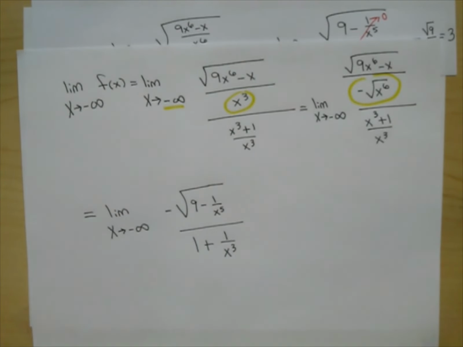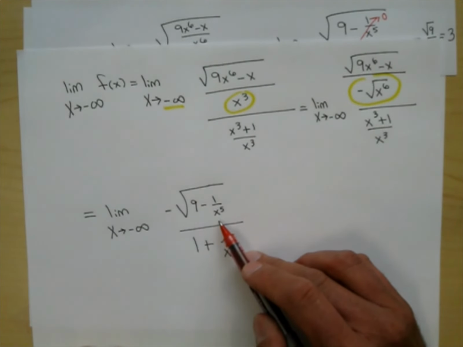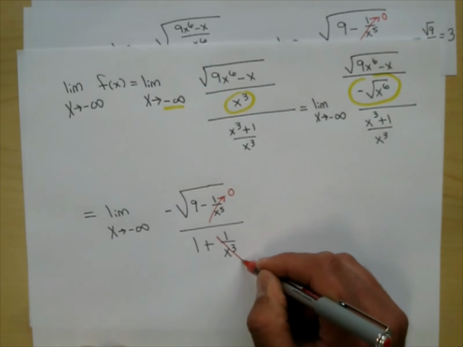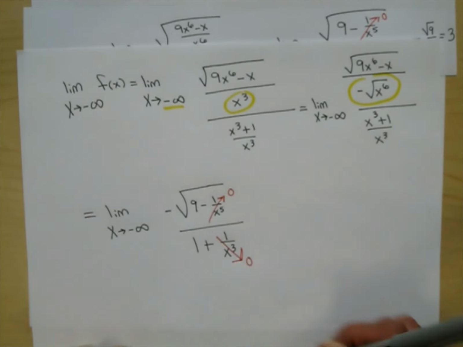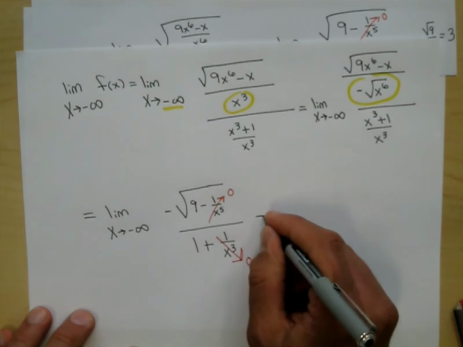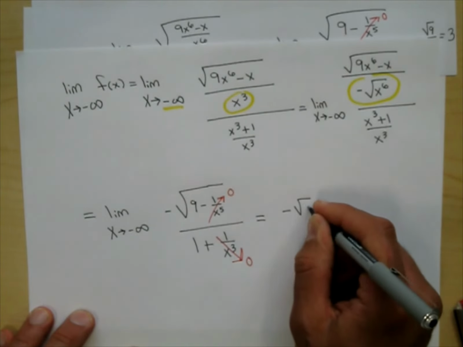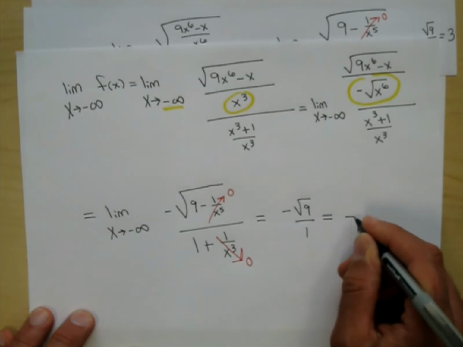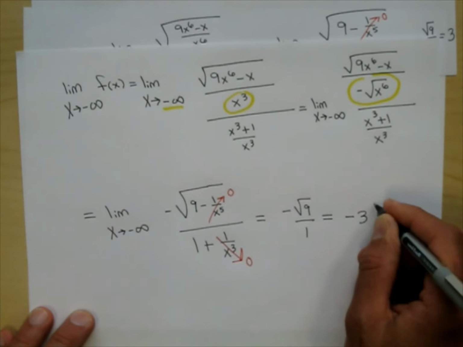Now as you're going to negative infinity, 1 over negative infinity to the 5th is 1 over negative infinity. That's just going to go to 0. And so will this. And you're left with negative root 9 over 1, which is negative 3.